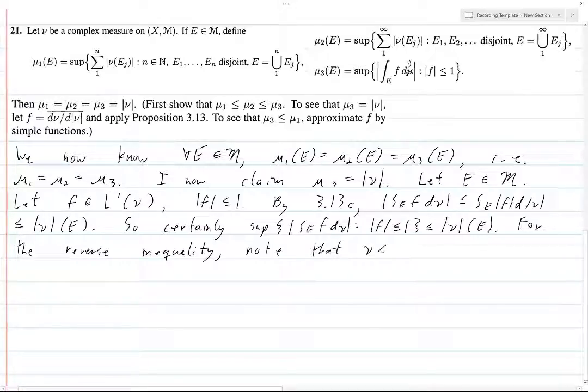So for the reverse inequality, note that nu is absolutely continuous with respect to the total variation of nu, by 3.13b.